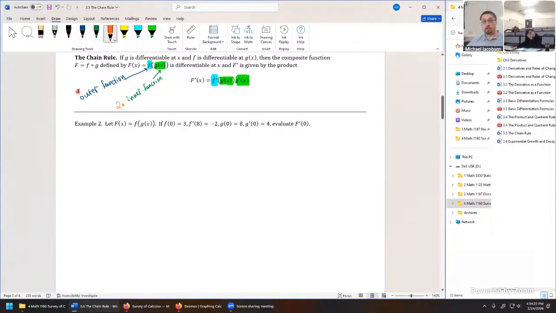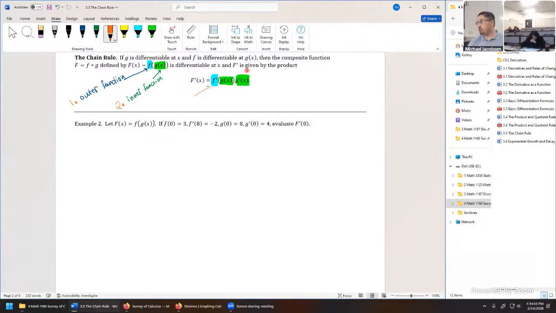We label the outer function as function 1, because the order that we typically do the derivative for the chain rule is we differentiate first the outer function, then we copy something on the inside, then finally we differentiate the inner function second.